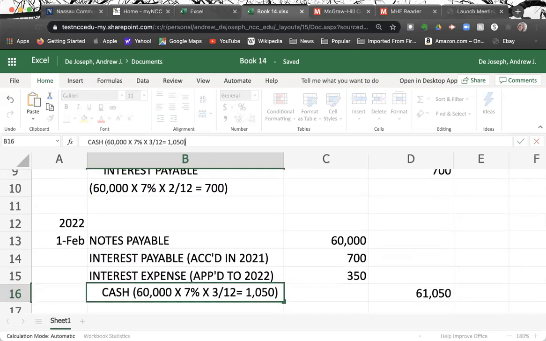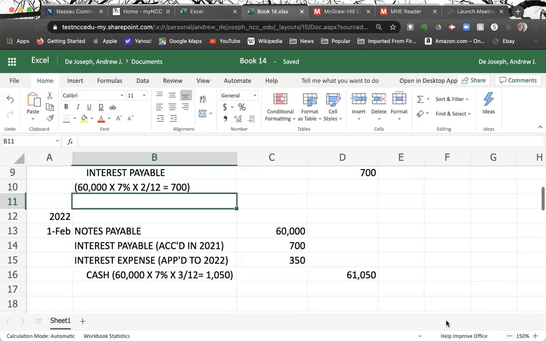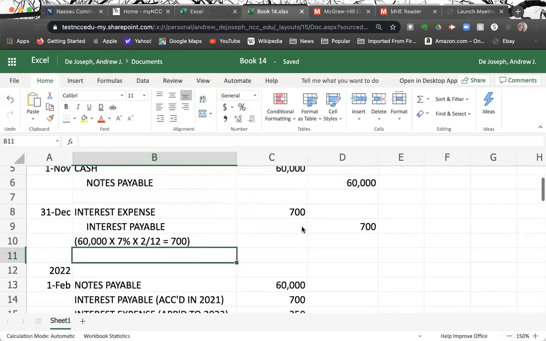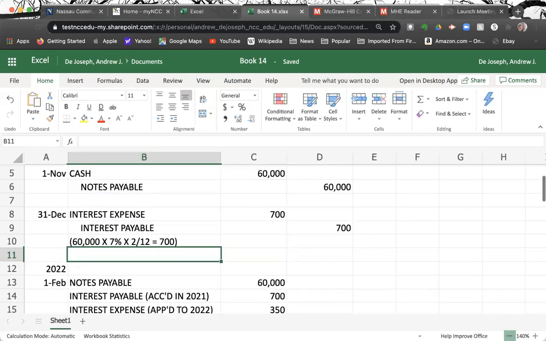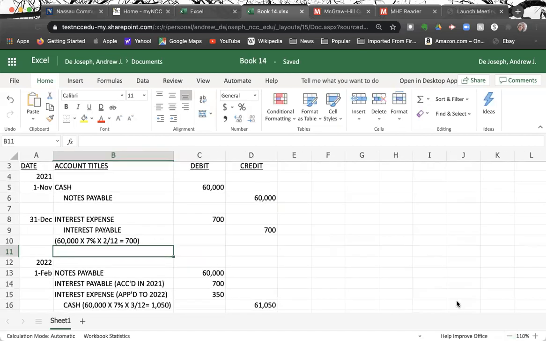So let's stand back. See the whole thing together. Right? There's the whole problem in one place. On November 1st, debit cash, credit notes payable. On December 31st, debit interest expense, credit interest payable, but for 2 months interest, November and December.